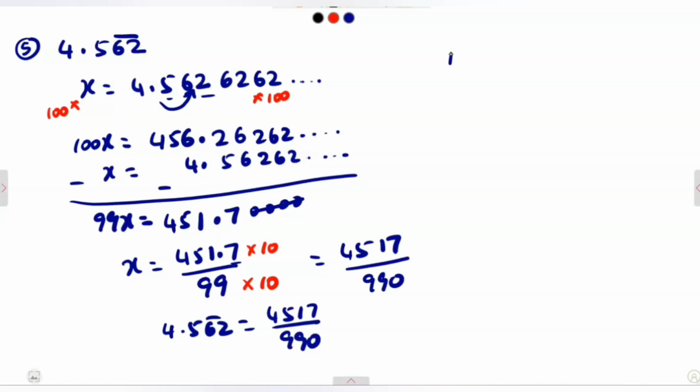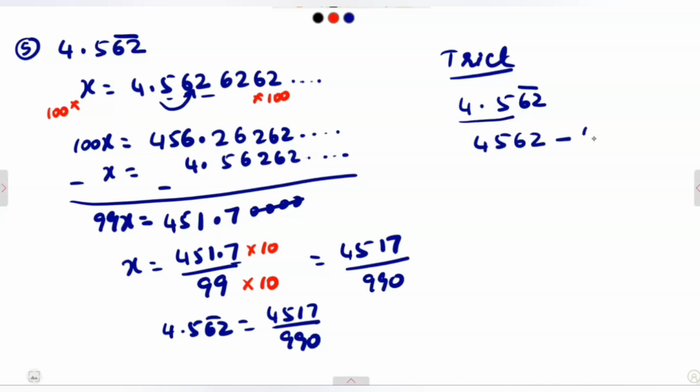Right? So let us see the trick. The trick is directly writing the answer without doing the whole process. 4.562 bar is our question. First of all, write the whole number without the decimal and without the bars, 4562, minus the numbers which do not have any bar, before the decimal and after the decimal together, 45.